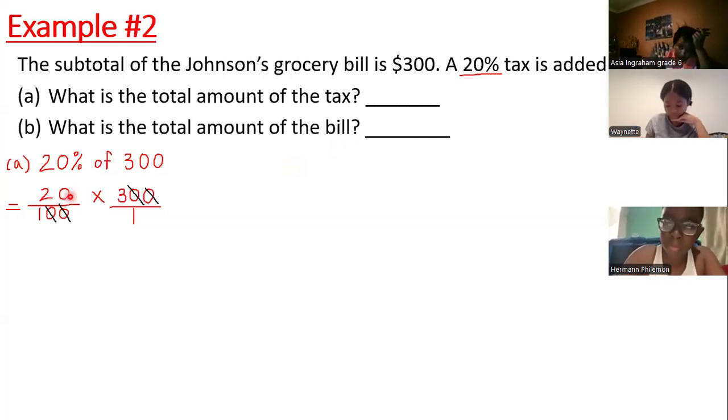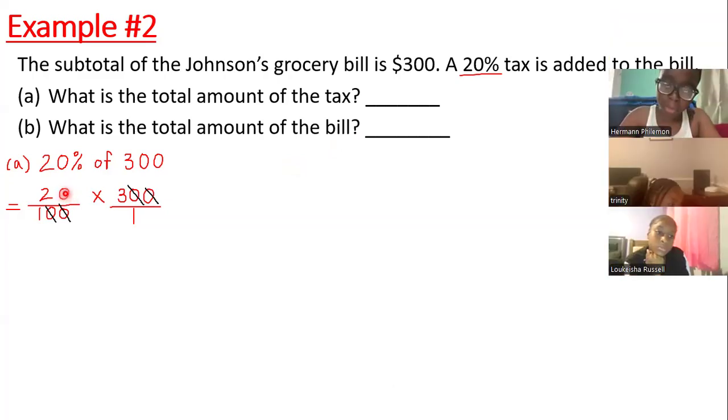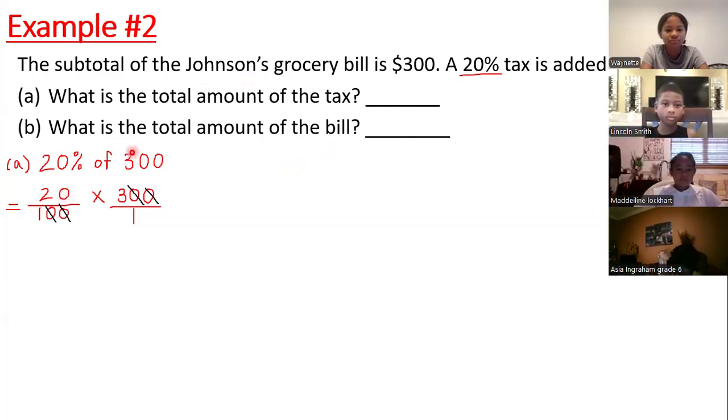Okay, so just notice, Wynette, there's no other 0 to cancel this with, right? So this 0 has to stay by itself because it doesn't have another 0 to cancel out at the bottom. These two zeros already canceled out with these two zeros. You understand that? Yes, sir. So we just leave it.